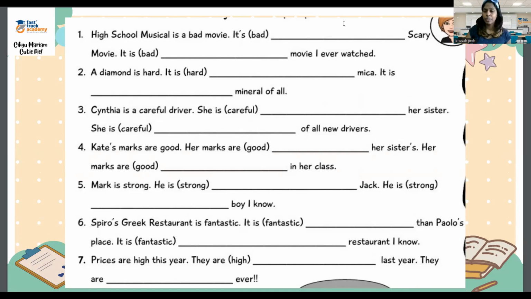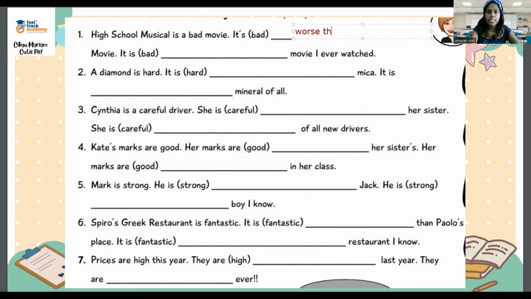High School Musical is a bad movie. So you want to compare it with Scary Movie. What is the answer? It's worse. For the word bad, you have to use the word worse.